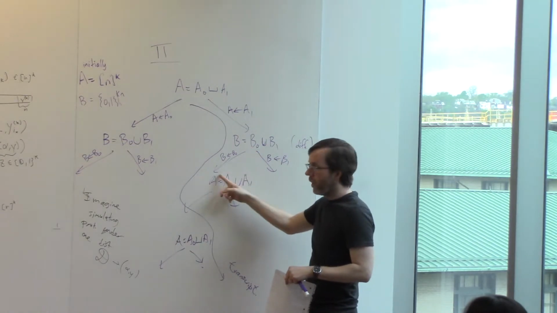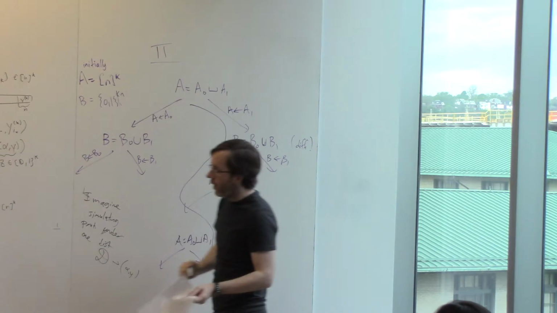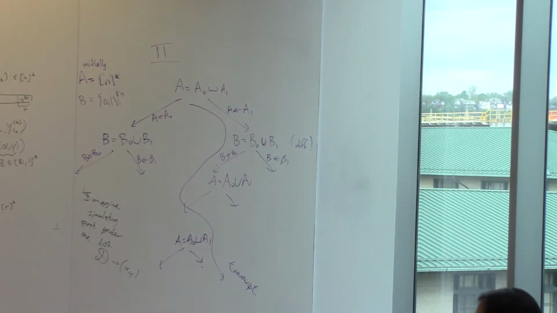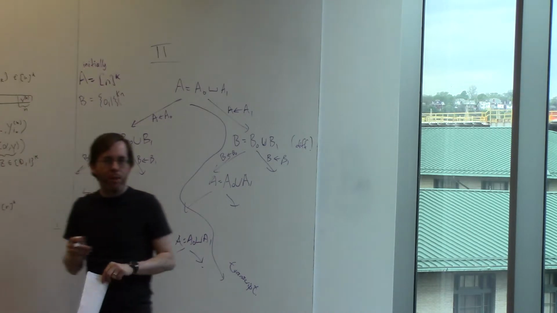So then you go this way, and you set B to be B0, and now your new D is always D conditioned on alpha being in A and Y being in B for the current capital A and capital B.